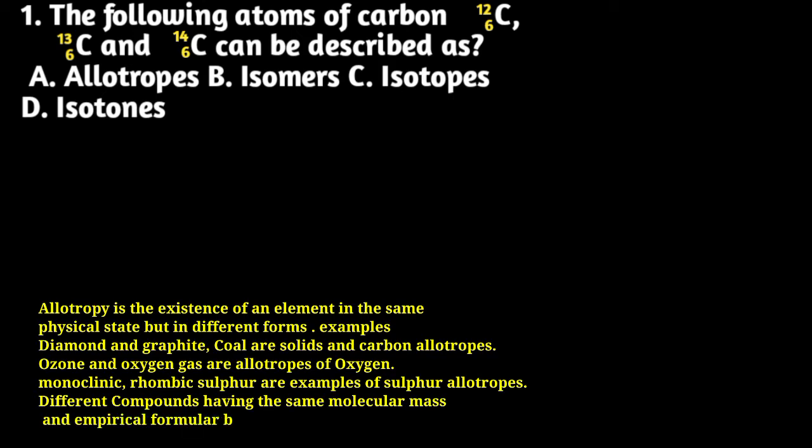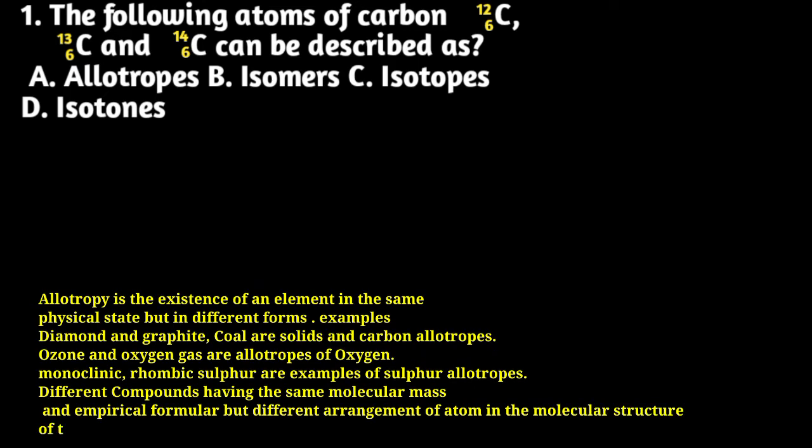Other ones include alpha gray and beta white tin. We still have sulfur, which has rhombic, monoclinic, and several other allotropes. That is option A. And if you look at this, you notice that it said nothing about number, neither mass number nor atomic number.